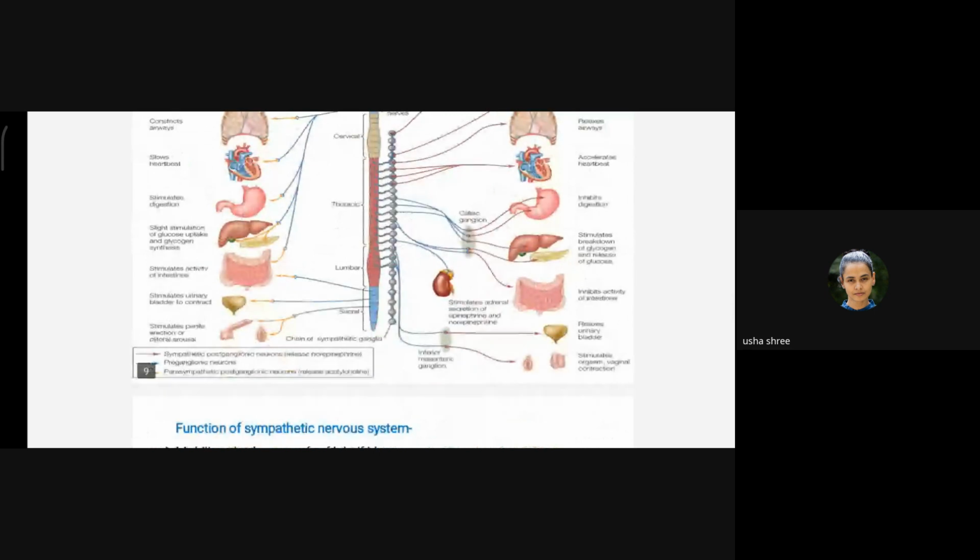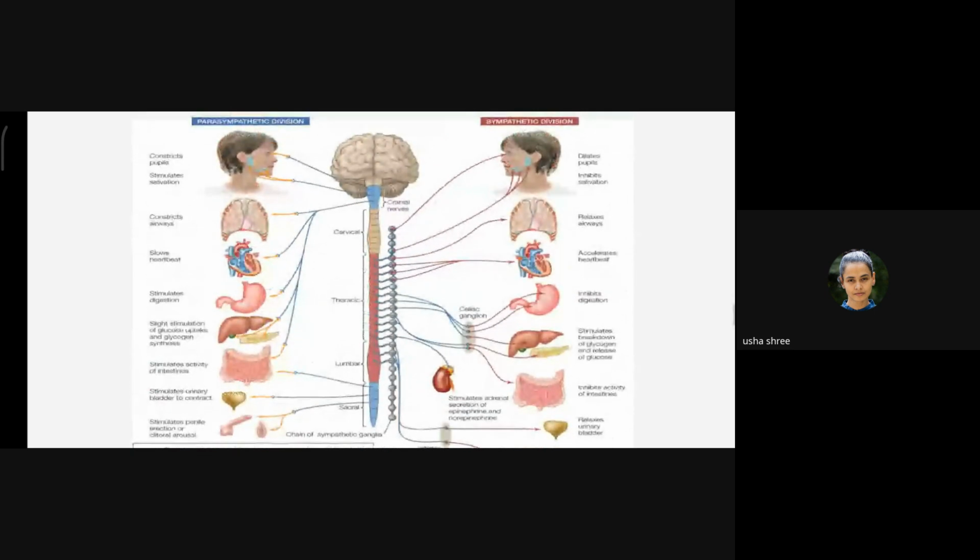Ma'am, I was thinking about the relaxing of the airways, because the respiratory rate increases when the nervous system is activated. Because of the increase in the respiratory rate, probably the airways are more relaxed for the air to pass through.